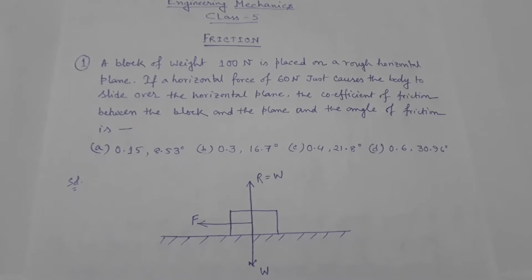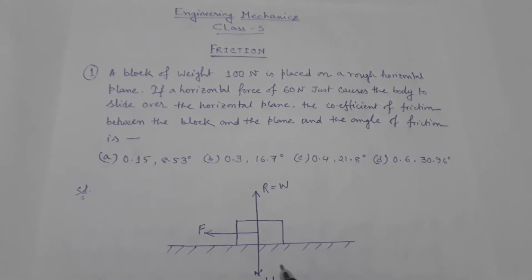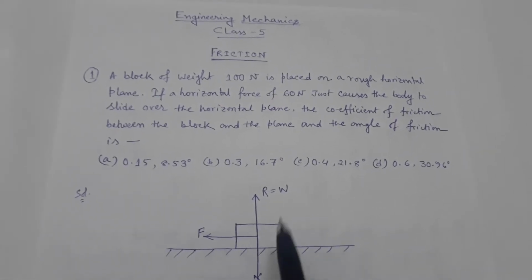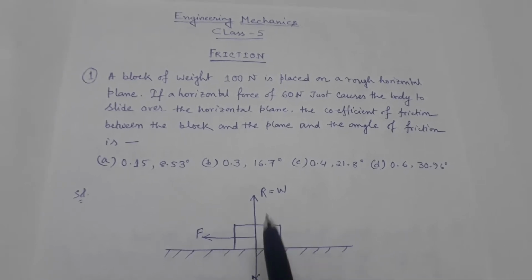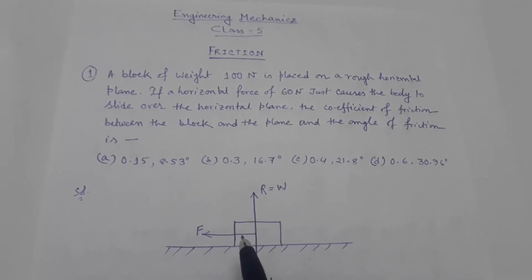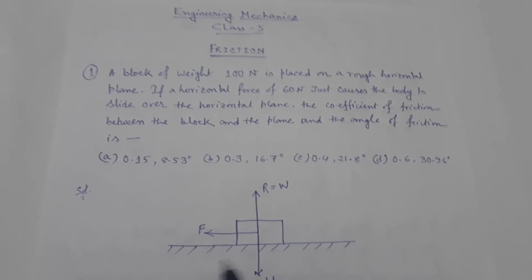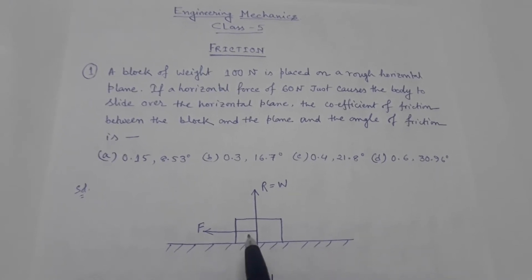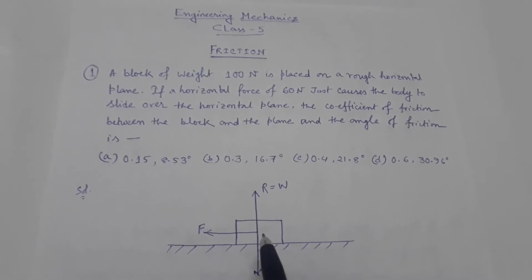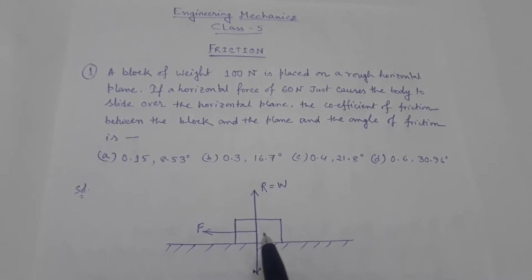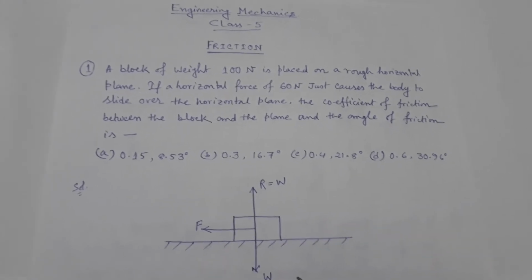solve the problem. Okay, so as you assume, this is the block, and the weight is 100 Newton and it is placed on a rough horizontal plane. A horizontal force of 60 Newton just causes the body to slide over the horizontal plane.